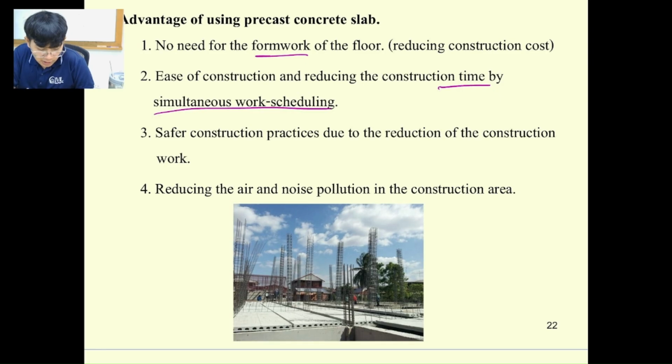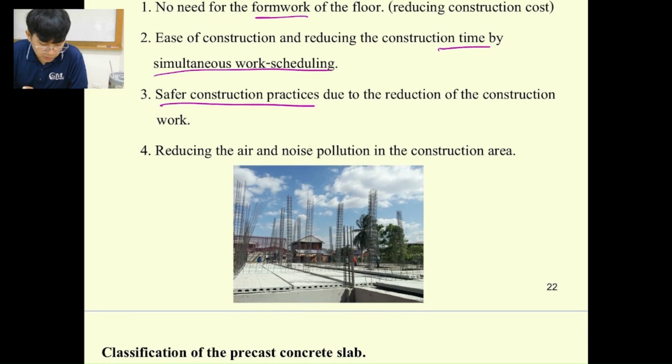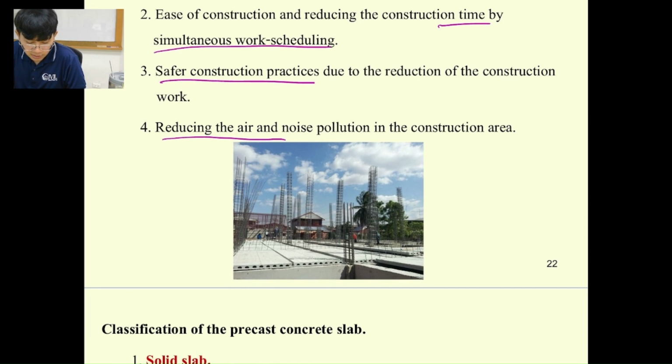And it's a lot safer than the one with a lot of formwork. When we place a lot of formwork on the construction site, it also produces a really high risk of getting injured. Also, the last one is that it reduces the noise pollution in the construction area if we use precast.